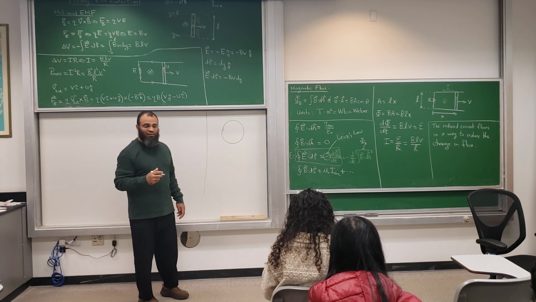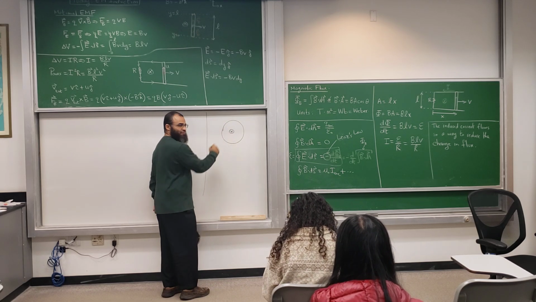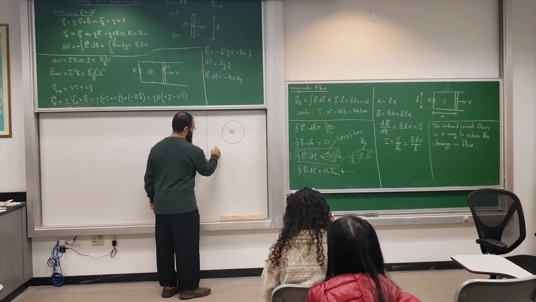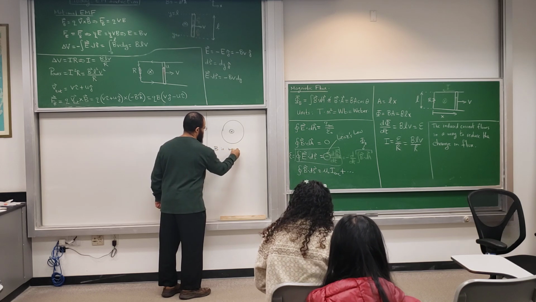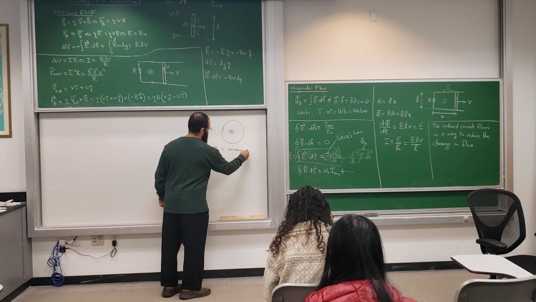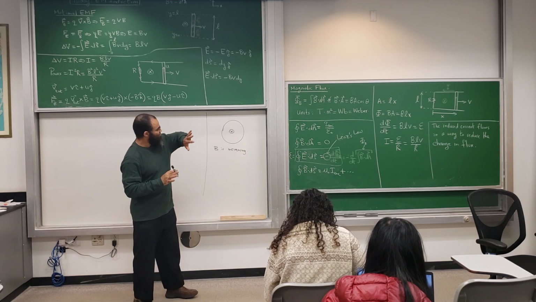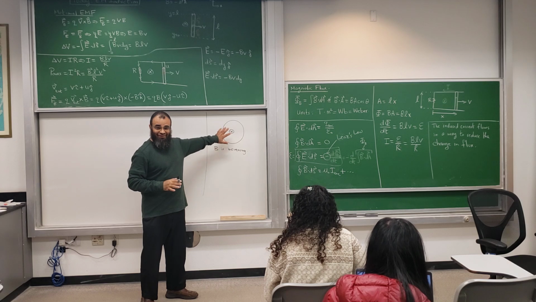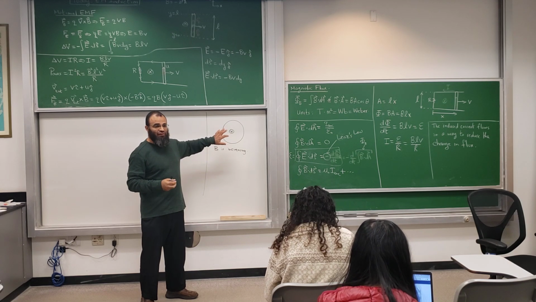So let's say I have a magnetic field that's in, so the magnetic field is into the page, and B is increasing. So the magnetic field is in and increasing. What direction is the flux first of all?